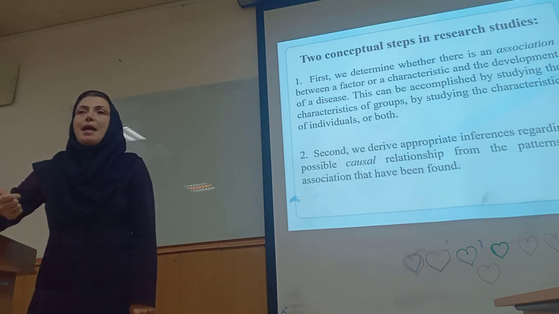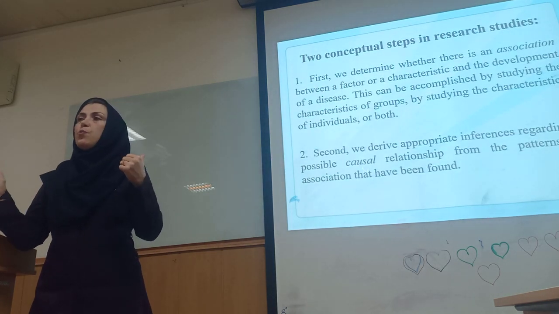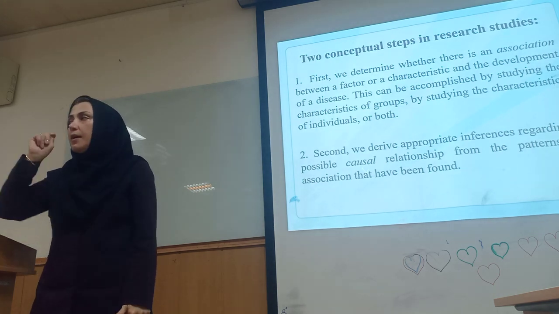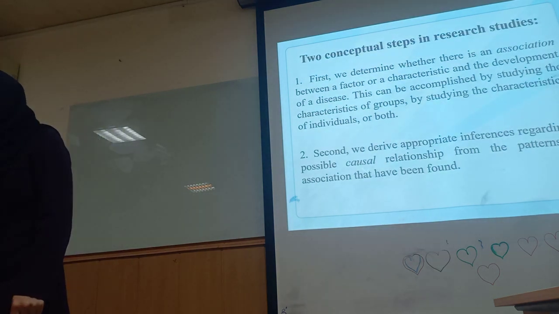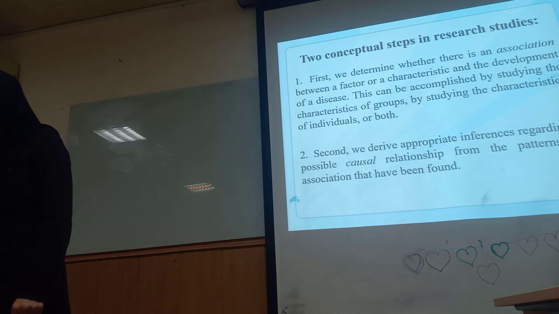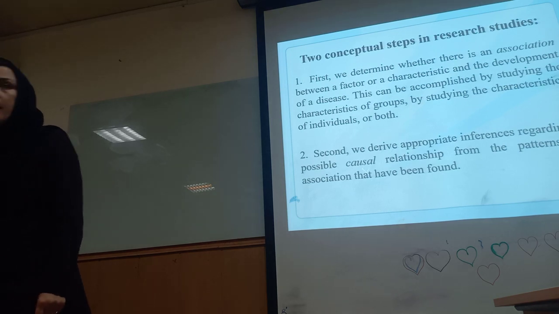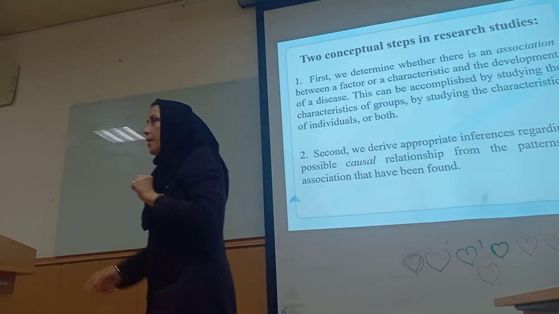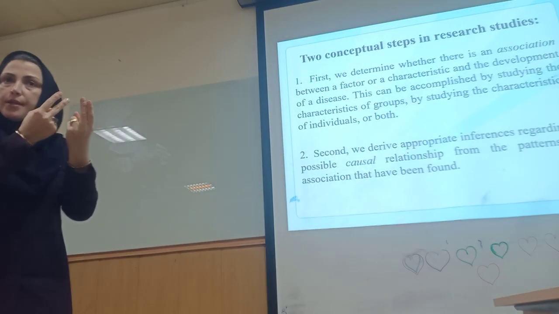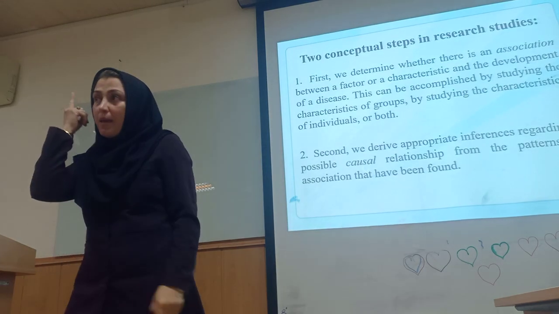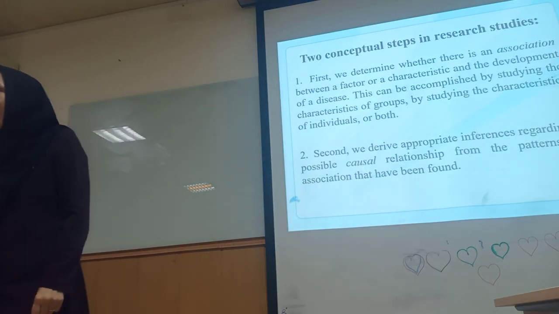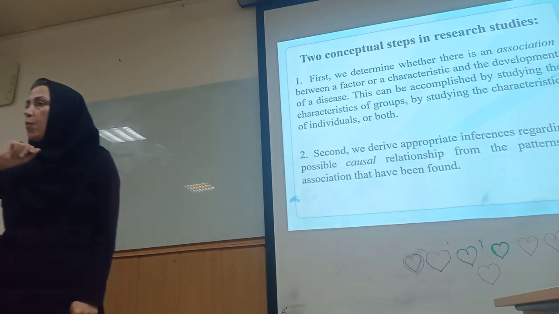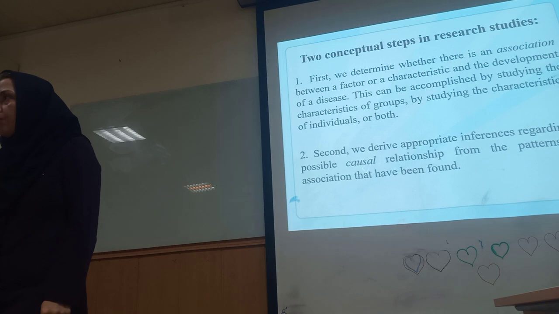I gave you an example about the difference between cross-sectional and cohort study, about breaking a window by a stone. Do you remember? In cohort study, as I explained to you, we consider that baby and watch that he wants to break the window using that stone.